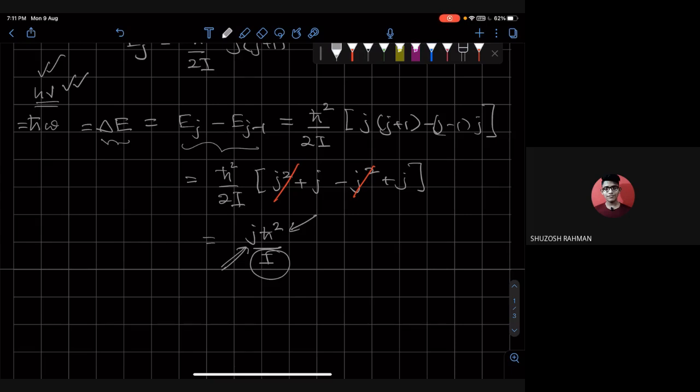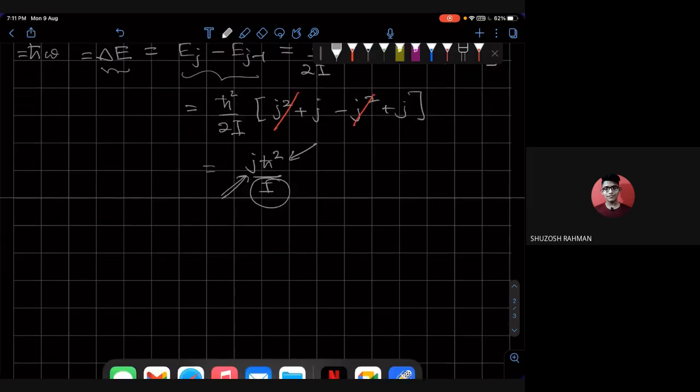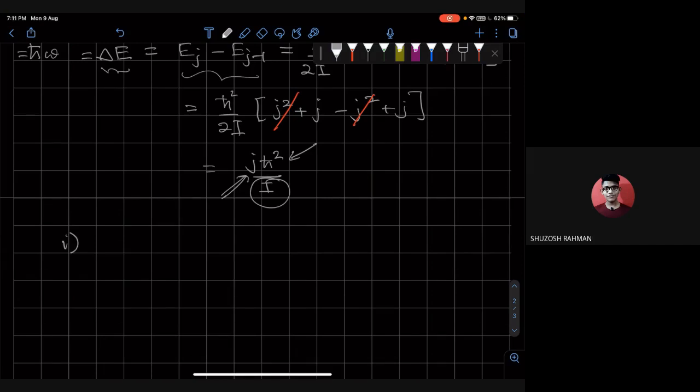So the problem here is, how do you find out what is asked in the question? Question number 1 is: show that in a non-rotating carbon monoxide molecule, the nuclear distance is 0.113 nanometers.